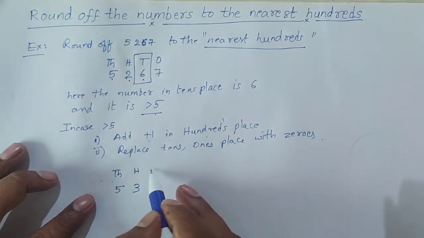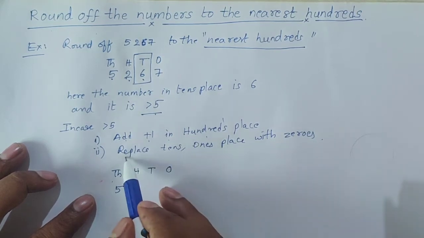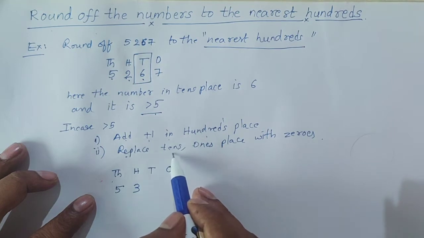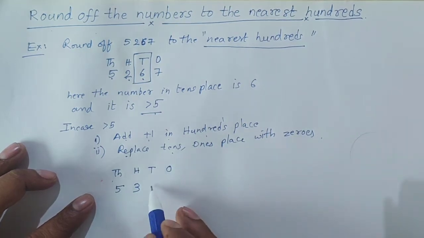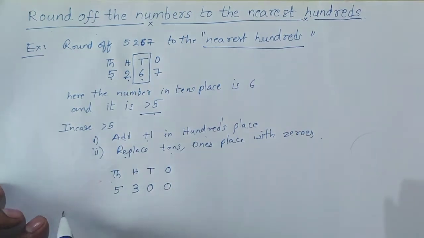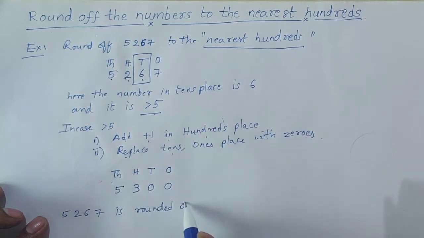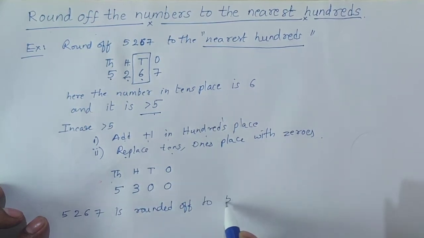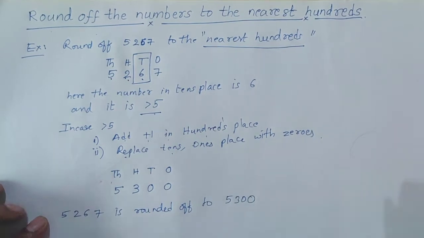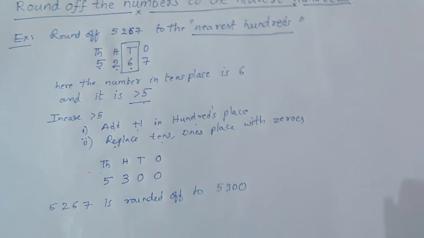After hundreds come tens and then ones place. And what is in the second point here? Replace tens place and ones place with zeros. That means simply you have to put 0. So the answer is 5,267 is rounded off to 5,300. So in this way we can round off the numbers to the nearest hundreds.